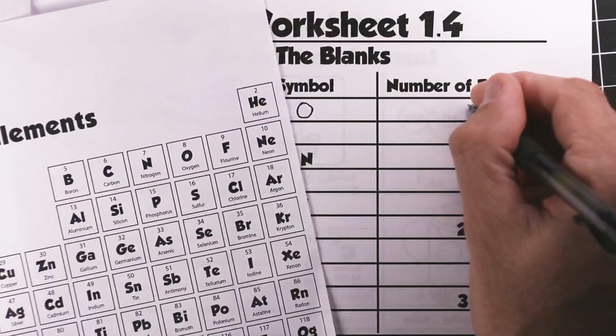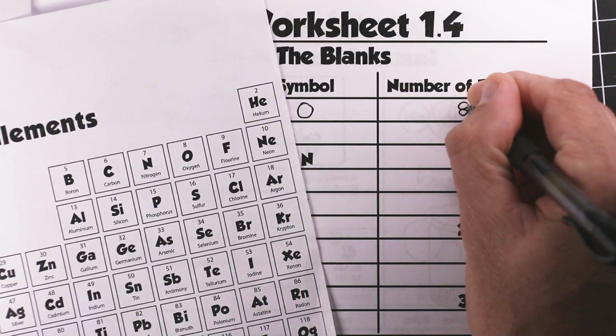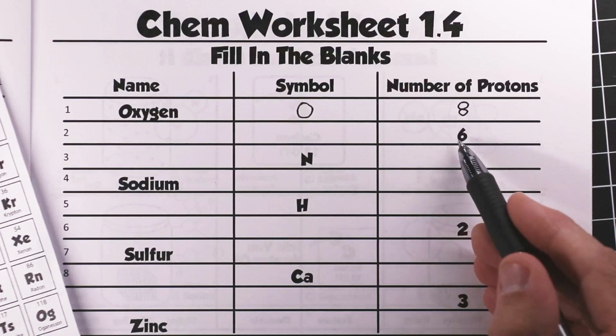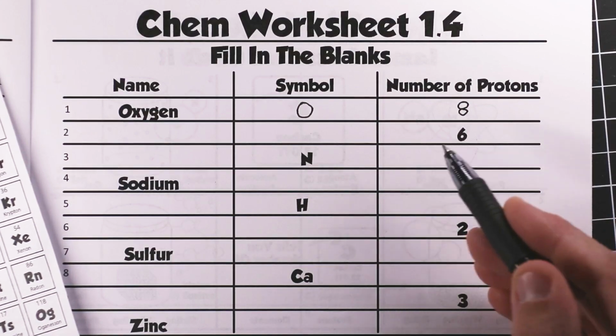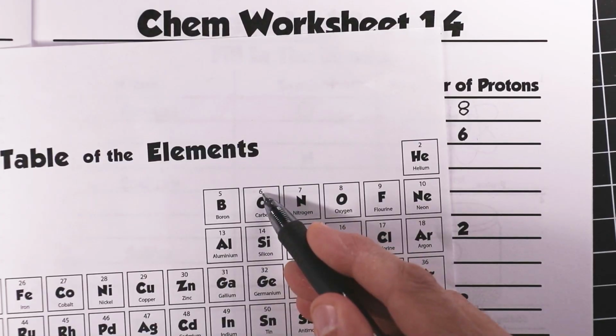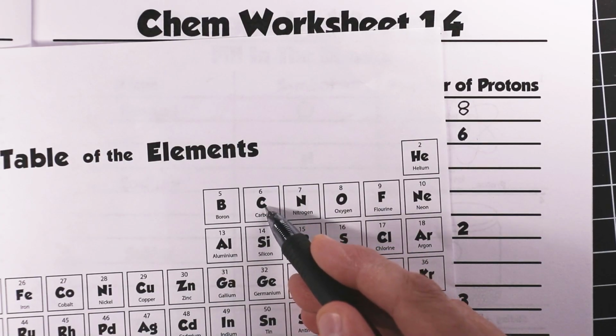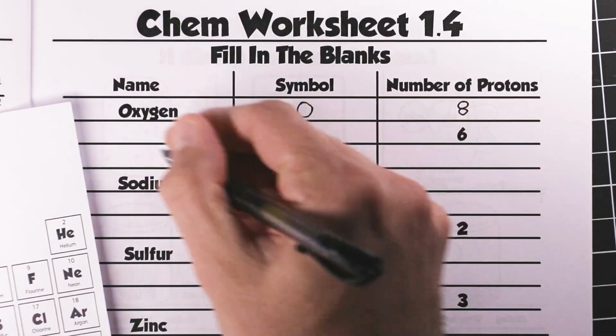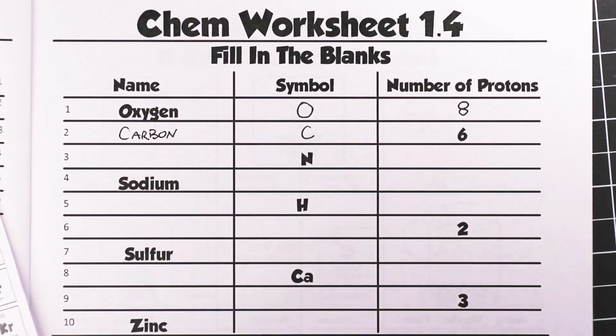That tells you the number of protons. So the atomic number tells you the number of protons. Now we come down to the number 6, and all I've got is the number 6. I don't know the symbol or the name, but if I know the number 6, then I know it's carbon, and its symbol is C. So symbol, C, name, carbon.